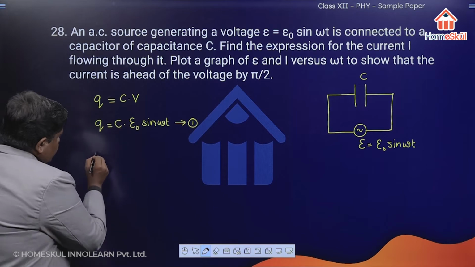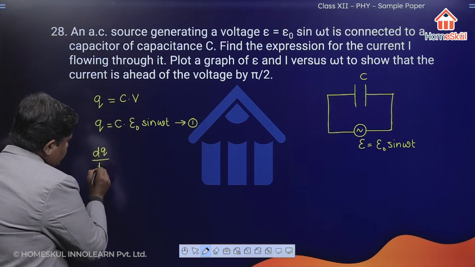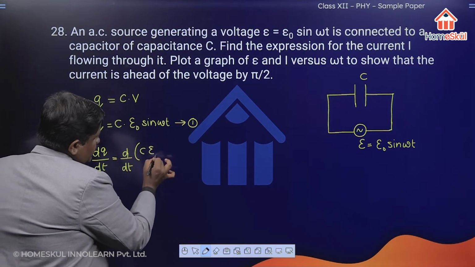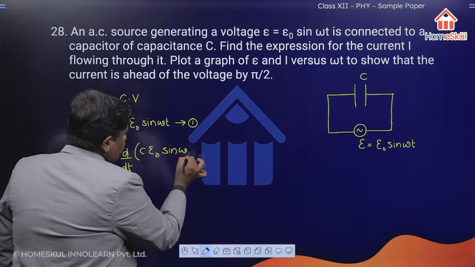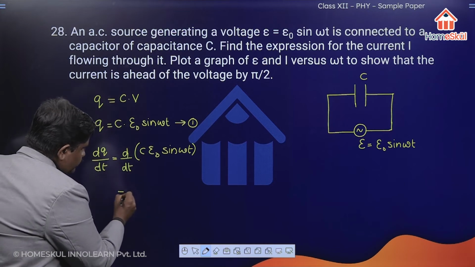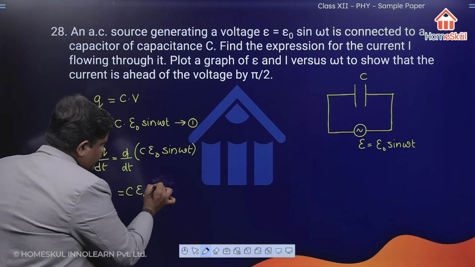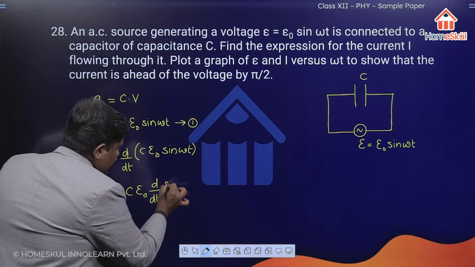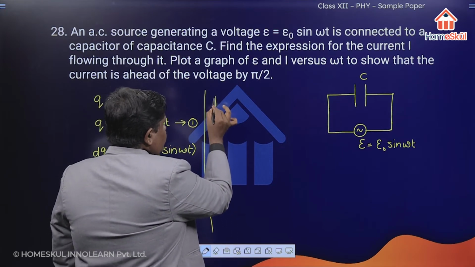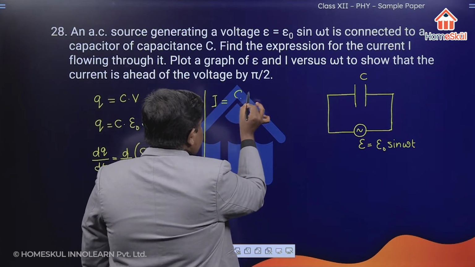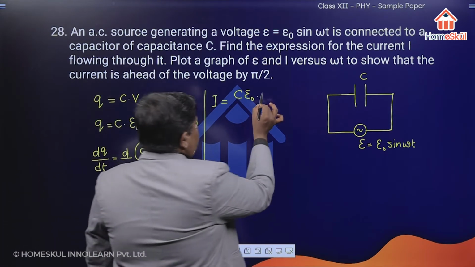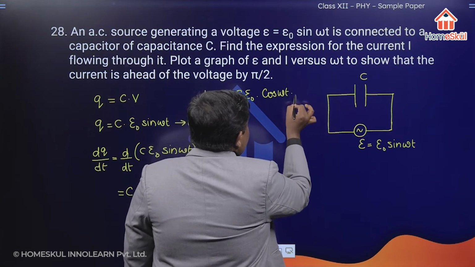Therefore dq by dt is equal to d by dt of C E0 into sine omega t, where C and E0 are constants, so we take them outside. Now dq by dt is current, so I equals C E0 into d by dt of sine omega t, that is cos omega t into omega.